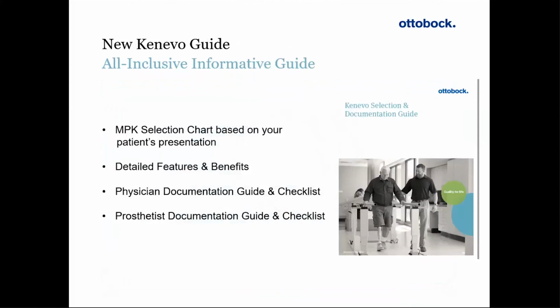We have created a new Kenevo guide for you. It's an all-inclusive, informative guide based on your NPK selection chart, based on the information that we've provided you today. It features some benefits, as well as the physician documentation guide and checklist.